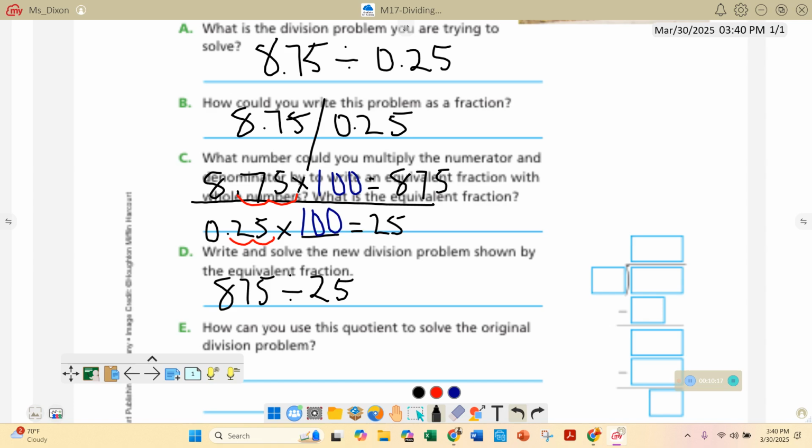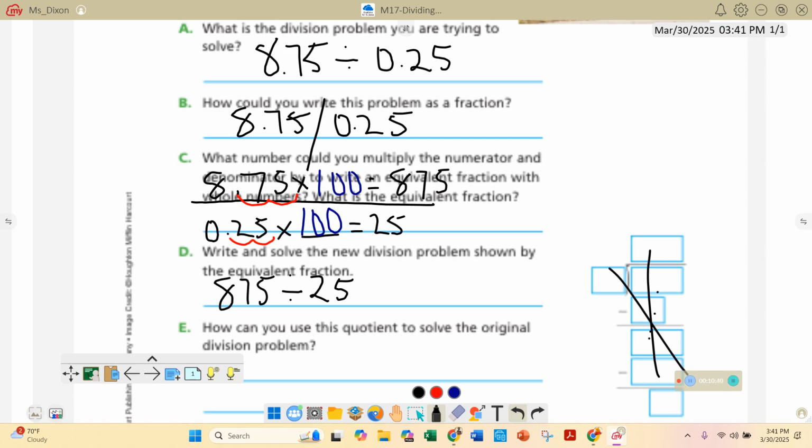Okay, so now let's solve 875 divided by 25. Now over here, they're using the standard algorithm form to solve it. We are not going to use that because we have a multi-digit divisor, 25. We're going to use our partial quotients method.